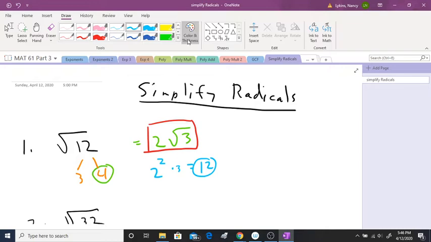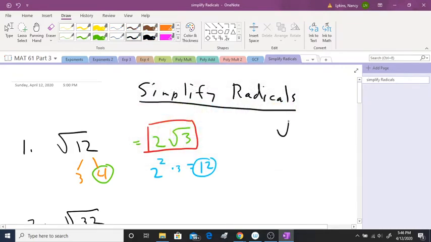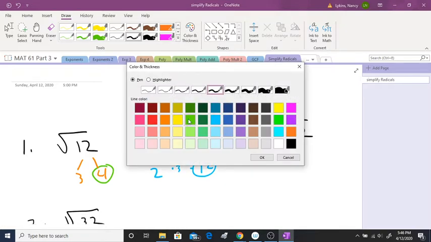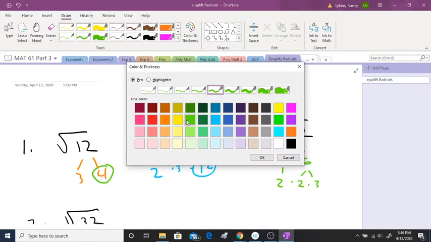Now, some of us may decide not to use 3 and 4, but maybe the square root of 12, we break it down into 2 and 6. Well, if you do it this way, then you got a 2 here. The 6 can also break down to 2 and 3. Now, the square root means I've got a pair of 2's.